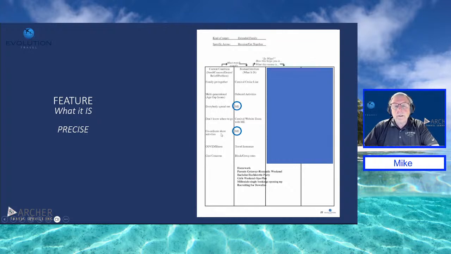Coordinating shore activities, if they're going to do trips and cruise and land tours, you can coordinate with you to make sure that everything's there. COVID insurance, the travel insurance is there. And then the cost concerns, because the group is so big, you can talk to them about block rates or group rates for multiple cabins.